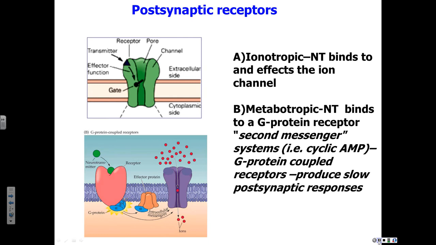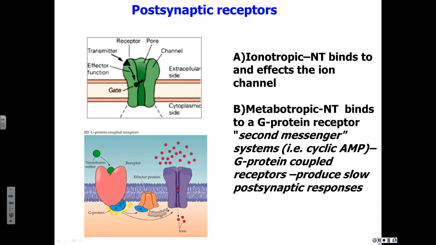So what kinds of receptors? And you've got to know all these words. So ionotropic. It's pretty straightforward with an ionotropic. So we're talking about the receptor being ionotropic. NT stands for neurotransmitter. What that means is that the receptor itself is a channel.